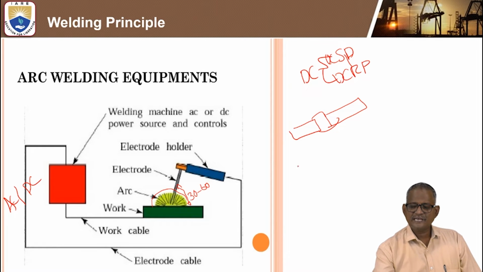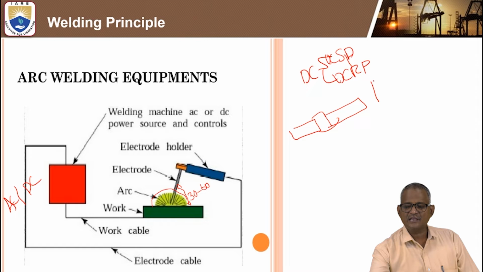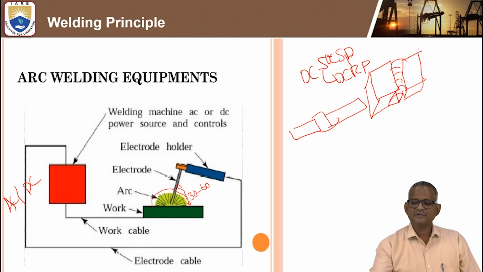If we explain this in three dimensions, let us see how we are able to perform the weld. Here, the joint is either a V shape or a U shape.